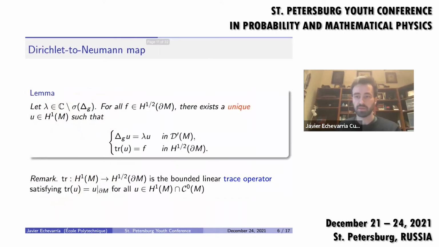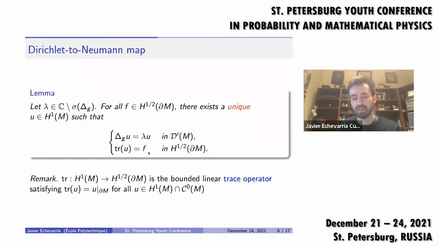So as I was saying, the key ingredient will be this Dirichlet Neumann Map. It uses this key lemma, which is obtained through variational methods. It's standard. It's telling us that if you start with a lambda on the complex plane that is not an eigenvalue, then for any sufficiently smooth function, in this case in H to the one half, the Sobolev space, on the boundary, there's a unique solution in the interior which satisfies the eigenvalue equation and has those values on the boundary.